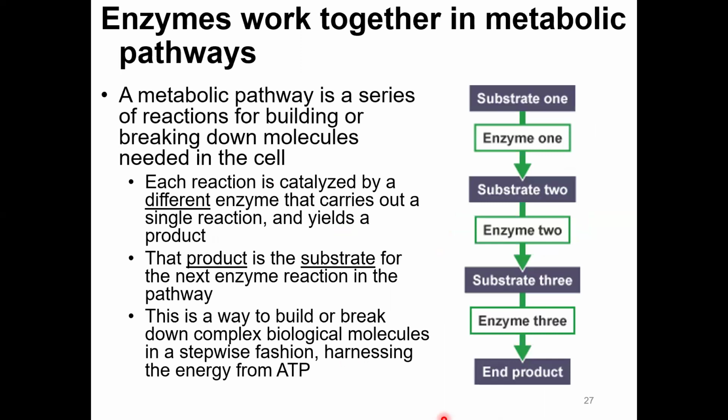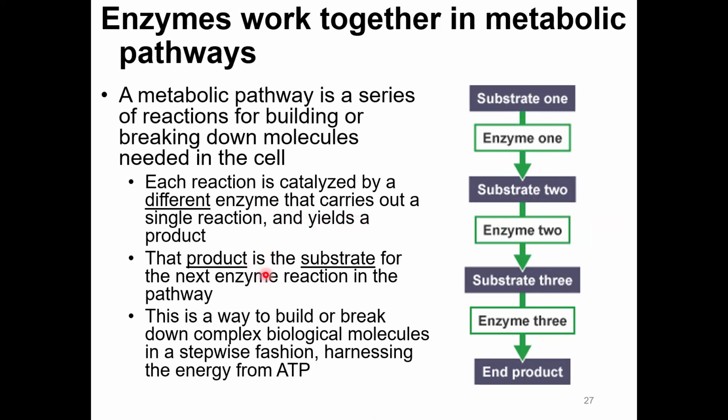So the next thing about them is that these enzymes can work together in a metabolic pathway, which is basically a series of reactions like we talked about with different anabolic and catabolic reactions, where each part can be catalyzed by a different enzyme or the same enzyme, depending on what the reaction is.